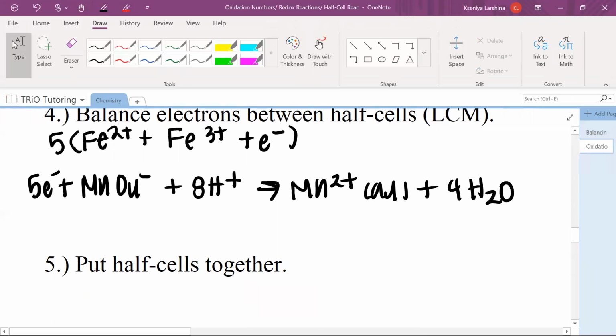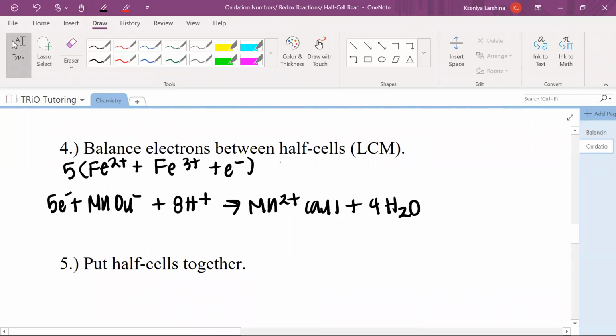So we would now have 5 Fe2+ going into Fe3+ and adding 5 electrons.